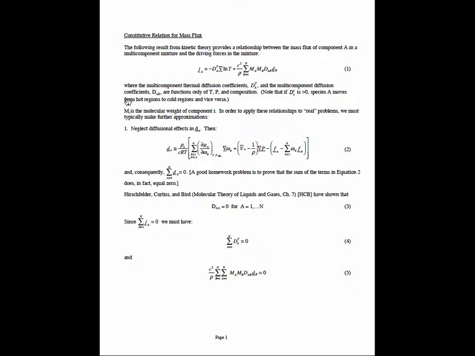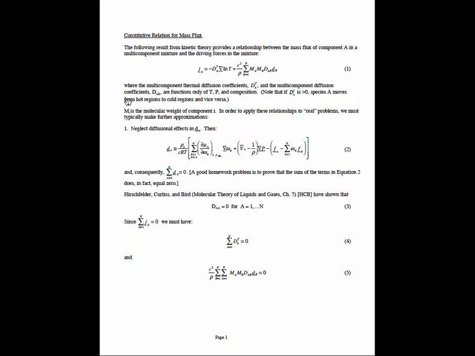So if you have an ion like a sodium ion in an aqueous salt solution, you apply an electric field to that solution, and the sodium ions will migrate in one direction, and the anions, chloride for example, will migrate in the other direction. And that's an example of a species-specific body force. Another example would be if you have magnetic particles in a mixture and you apply a magnetic field across that mixture. This can cause diffusion or migration or mass transfer.